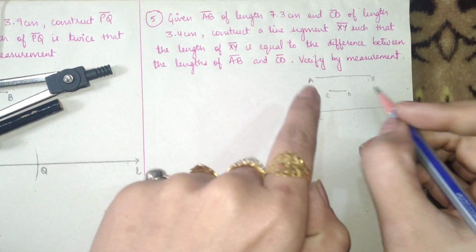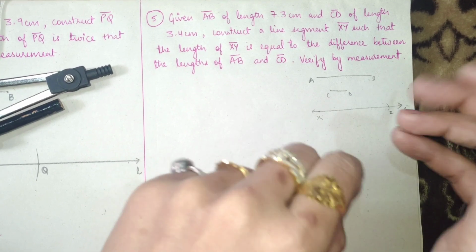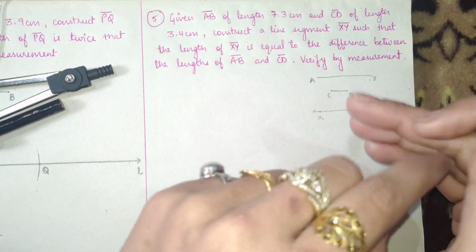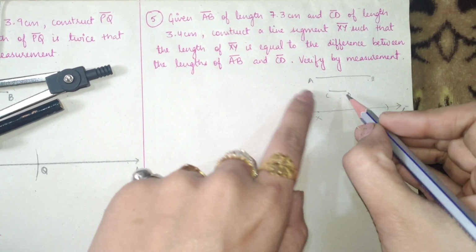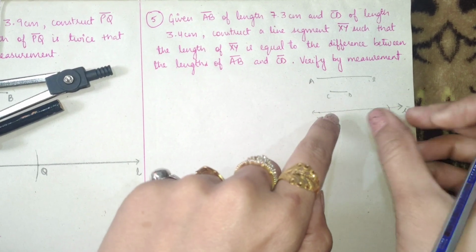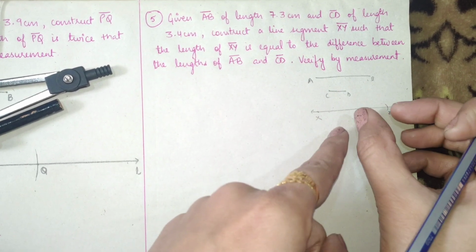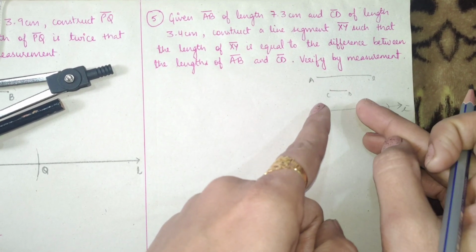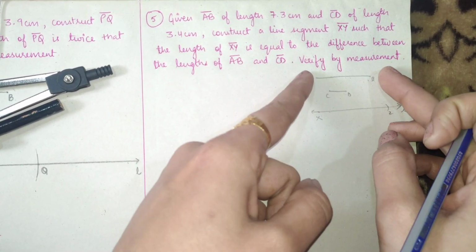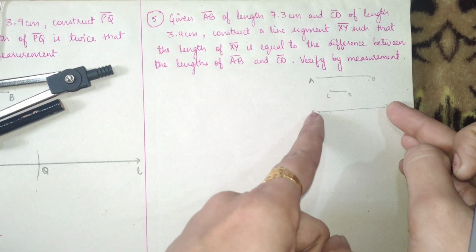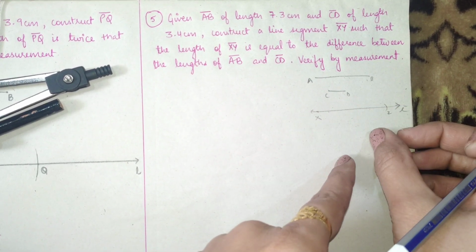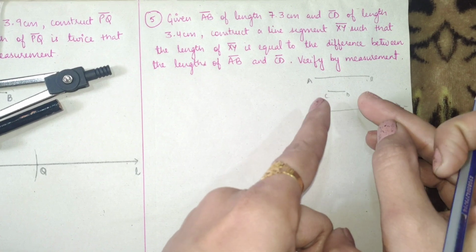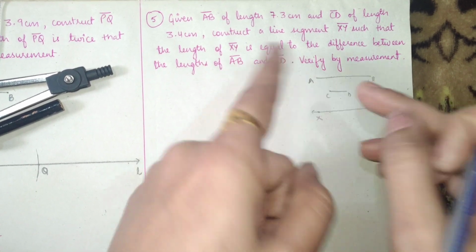Now we have to cut off CD from this, like we did in question 3, cut off AC if you remember. So we'll cut this length CD. When CD is removed from this distance, what we are left with is the difference between AB and CD. This is the whole AB, and if we remove CD from it, we'll be left with their difference, which will be equal to XY.